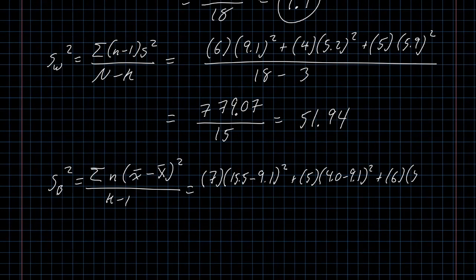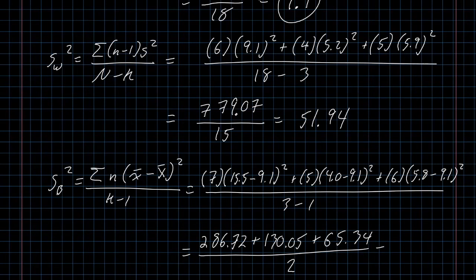Mean of the third group was 5.8, still subtracting 9.1, still squaring it, still dividing by, well, k is 3 in this case, minus 1. And let's let my calculator do the heavy lifting one more time. 241.055. I probably didn't need to write out that much detail, but I'm going to anyway.